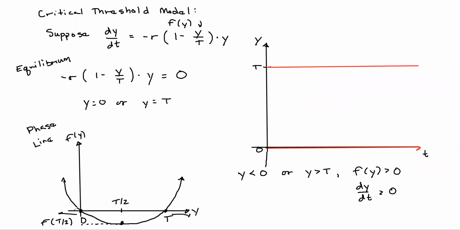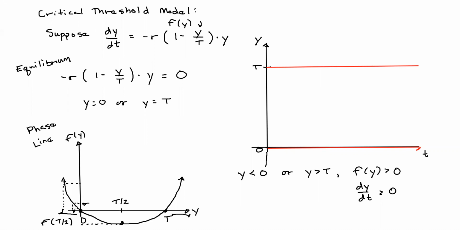Near 0, if I pick a y value that's near 0 and I plug it in, what type of f of y value do I get out? I get out a small positive value. If I pick a number that's further away from 0, as I go further from 0, what happens if I plug in a value? I end up getting a larger f of y value.